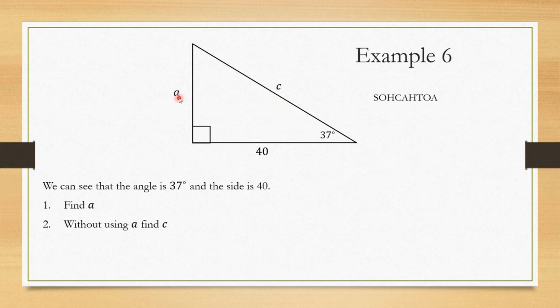Well, how would you find A? Well, we have to know what trig function to use. What do we have, though? Well, we have 40, which is the adjacent side, right? So we have adjacent, and the A here, that's the opposite side. So we have adjacent and opposite we're working with. We're going to use tangent.